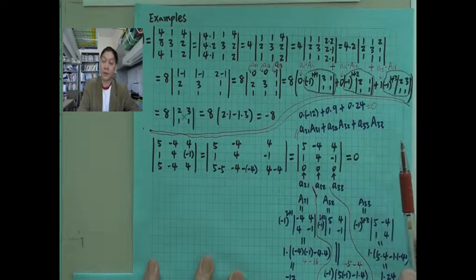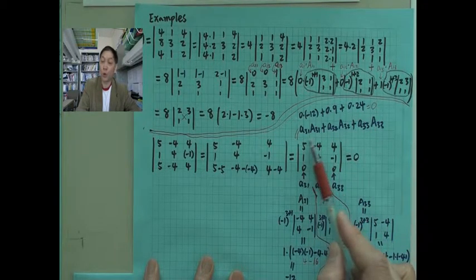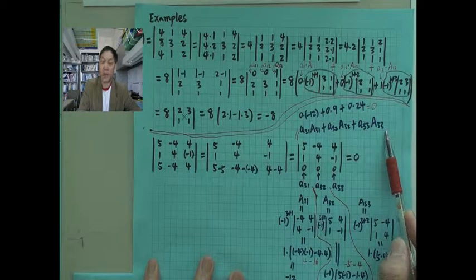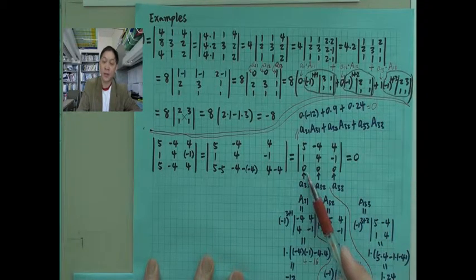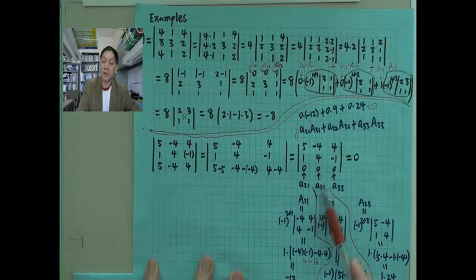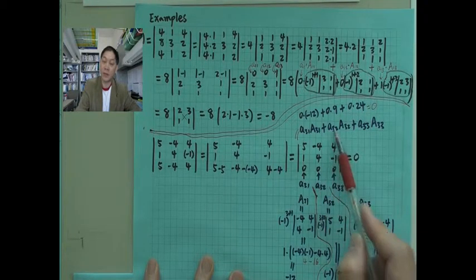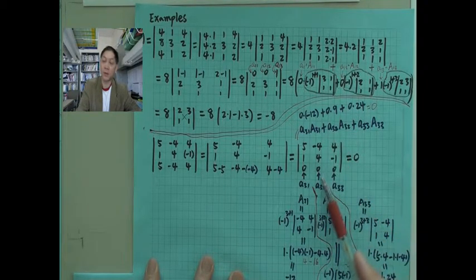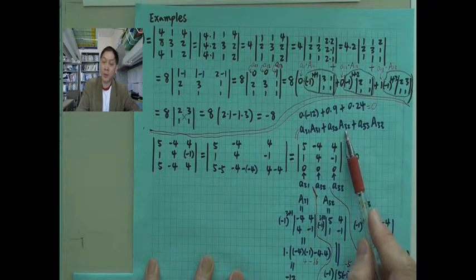Here are the details. You can expand this along row 3. That's the element a31 times cofactor A31, plus little a32, that's 0, right? Yeah, that's 0, times cofactor A32.